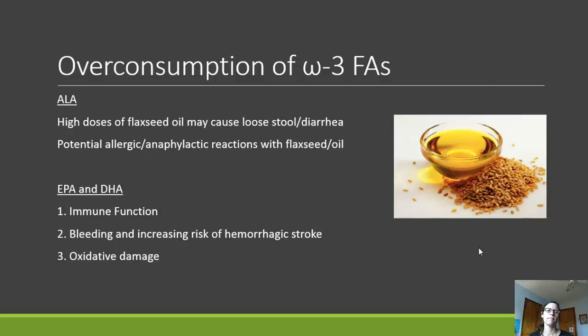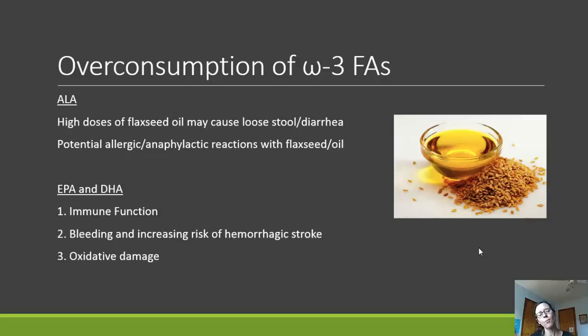For ALA, which remember is from flaxseed and other plant sources of omega-3, high doses of flaxseed could cause loose stool or diarrhea, and certain individuals could also have an allergic reaction to flaxseed oil. But other than that, generally no adverse health effects.